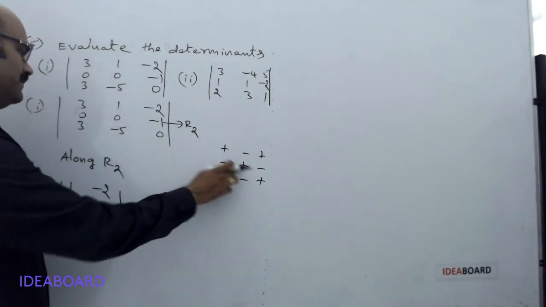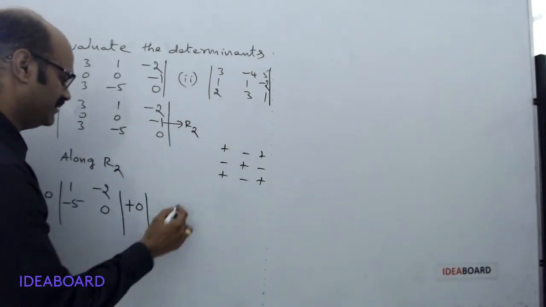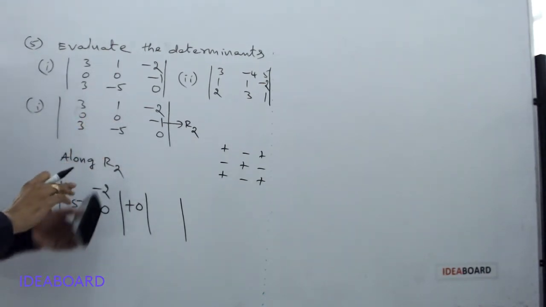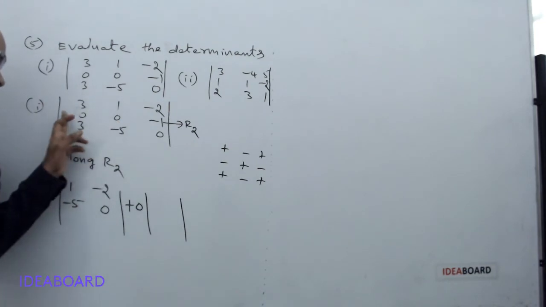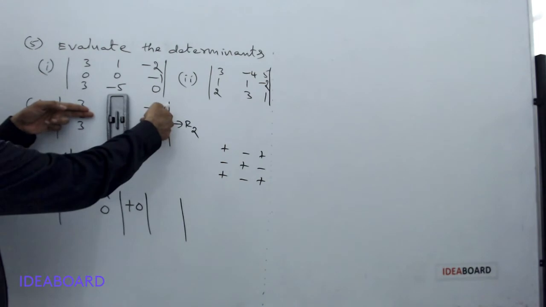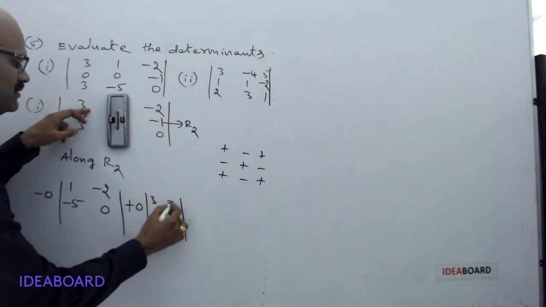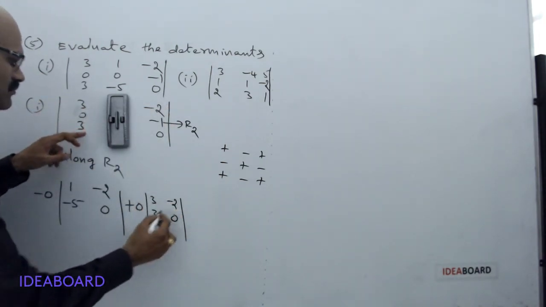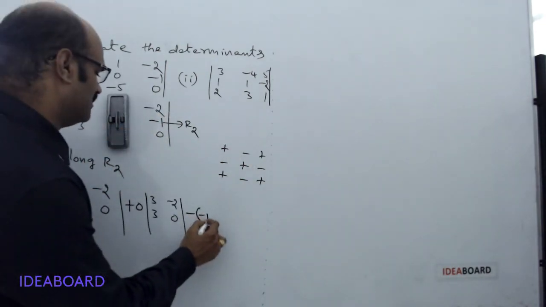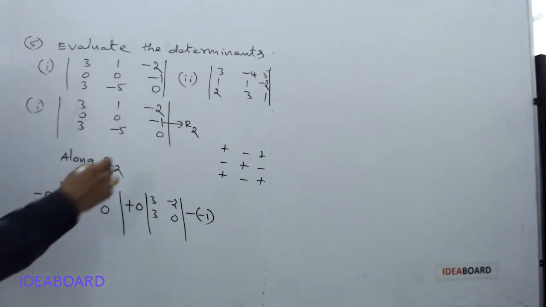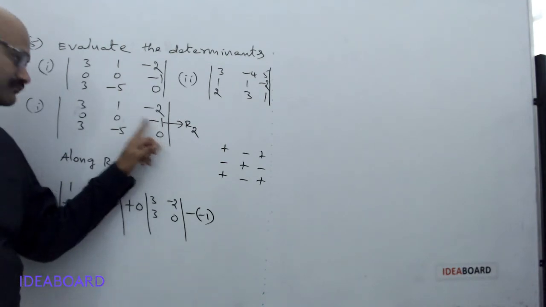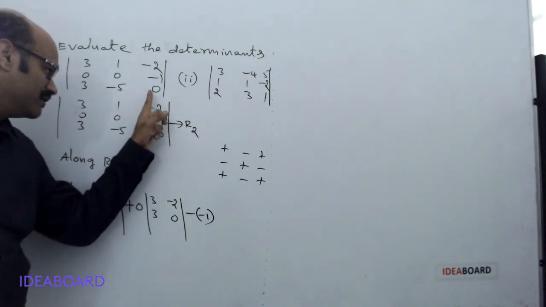Similarly, next we are having the sign plus 0 into determinant of the element 0 lies in second row and second column. So close the second column, close the second row. Remaining elements are we are having 3 minus 2, 3 0. Next we are having the sign minus of minus 1 into, we have to close the element minus 1 lies in second row and third column.